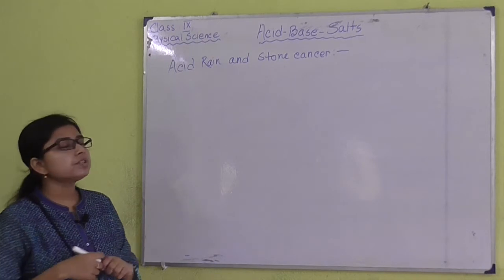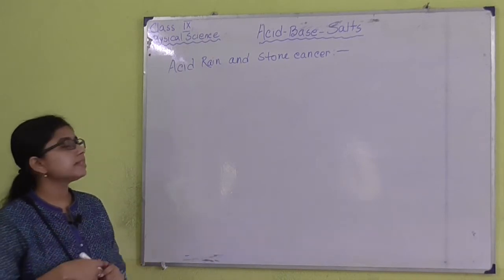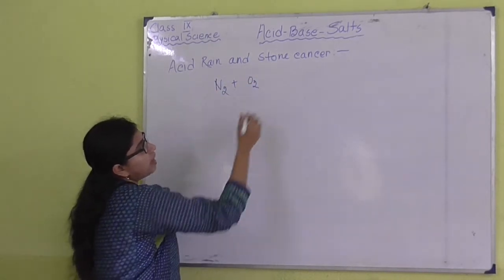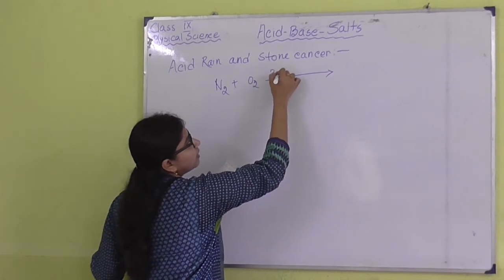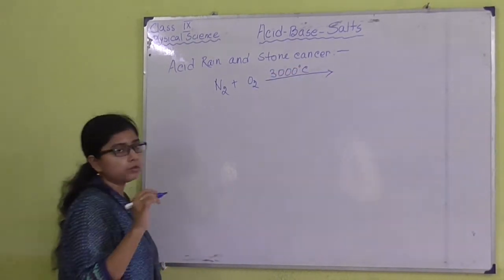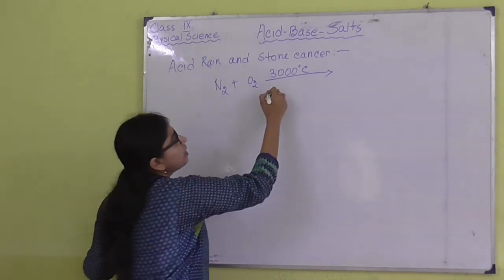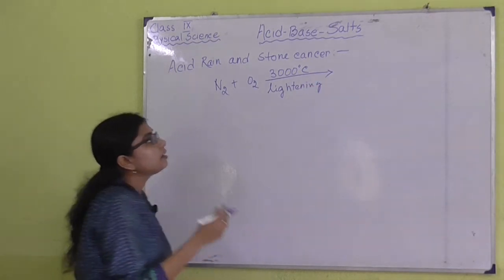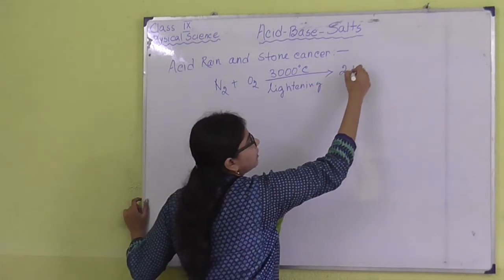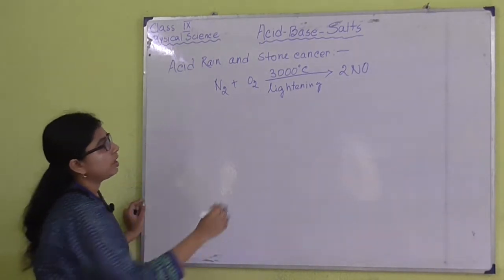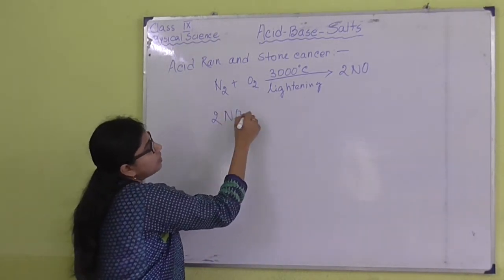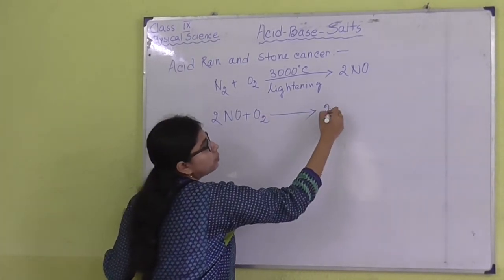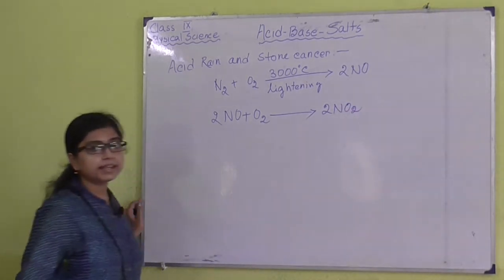We know that in our atmosphere several components are present, like nitrogen and oxygen too, and in the presence of almost 3000 degree Celsius temperature, which is created during lightning, these two components, that is oxygen and nitrogen, react to form nitric oxide, that is NO, and this nitric oxide will react further with oxygen present in the atmosphere to produce nitrogen dioxide, that is NO2.